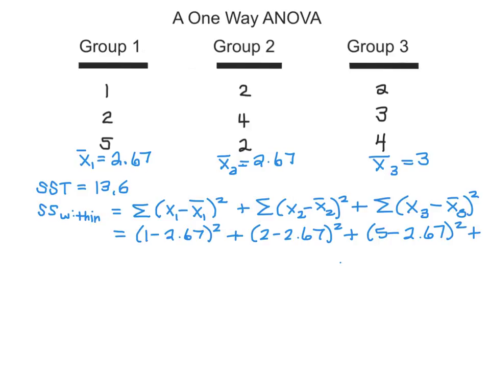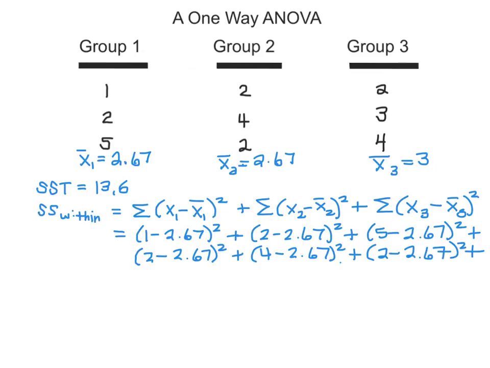And to that we're going to add our group 2, which is 2 minus the group 2 mean, 2 minus 2.67, and square that. And the second value in group 2 is a 4, so 4 minus the group 2 mean, which is 2.67, and square that. And the last value in group 2 is a 2, so 2 minus 2.67, the mean for group 2, and square that.